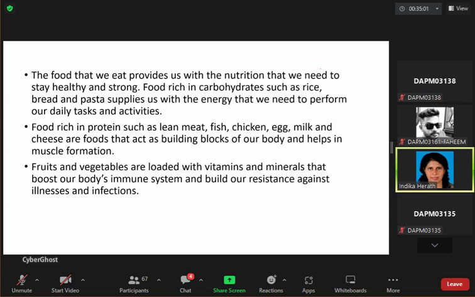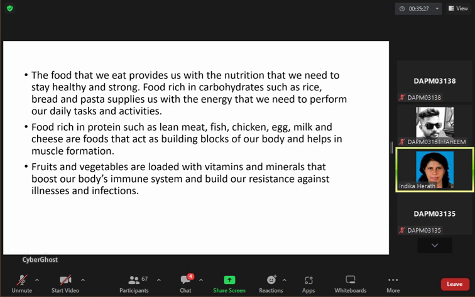And there are other carbohydrate sources, bread, pasta, those kinds of things that provide energy, right? And also food rich in protein, such as meat, fish, chicken, egg, milk, and cheese. Those are building blocks of our human body, needed for muscle formation.